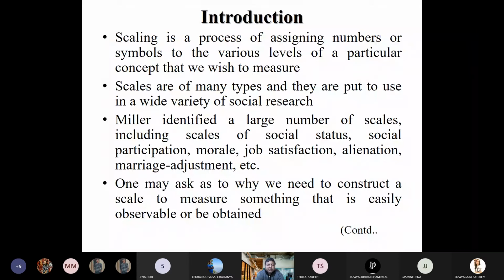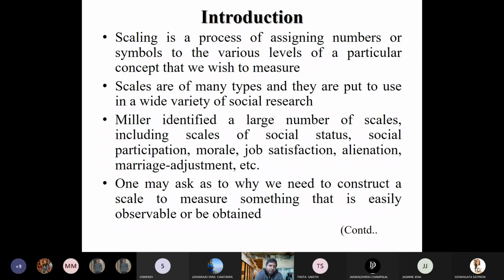Miller, as a social scientist, first identified a large number of scales, including scales of social status, how to measure social status, and the social participation of people in different programs, morale, and job satisfaction, to what level people are satisfied with their jobs. Also, suppose a project is being implemented, we can measure people's satisfaction with the project being implemented.